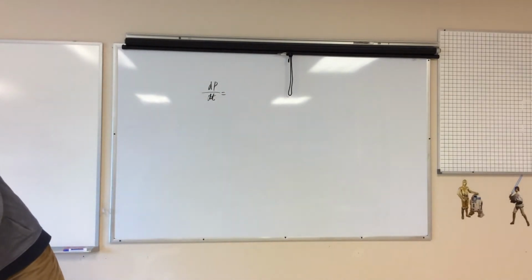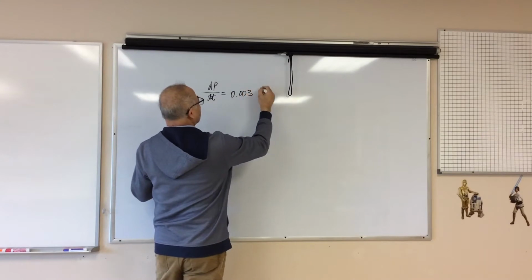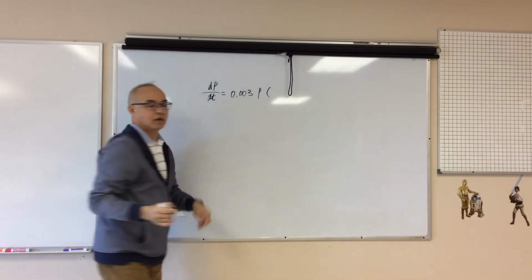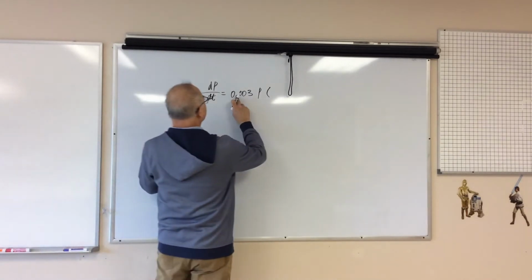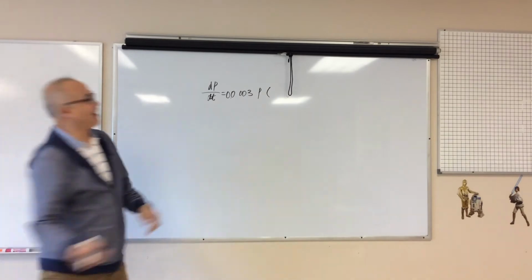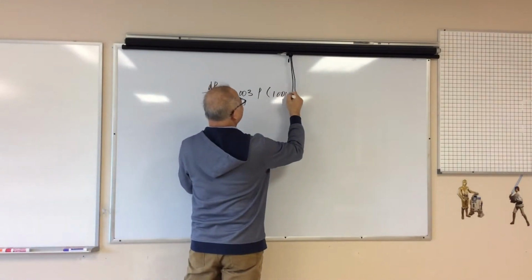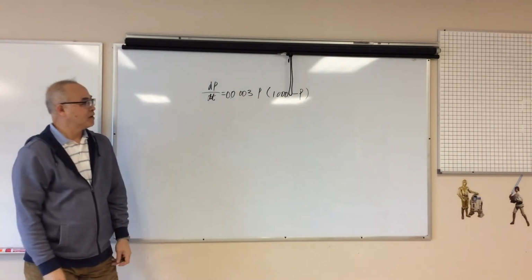is 0.0003 times P times (1,000 minus P). I'm missing a zero. Am I missing a zero? Not anymore. So what do we know here?